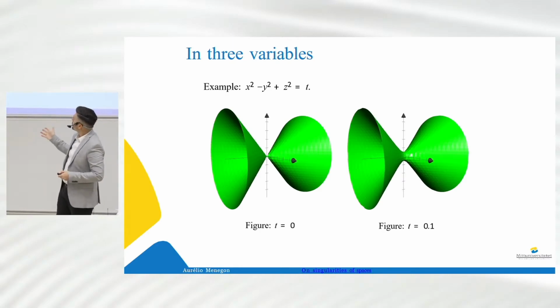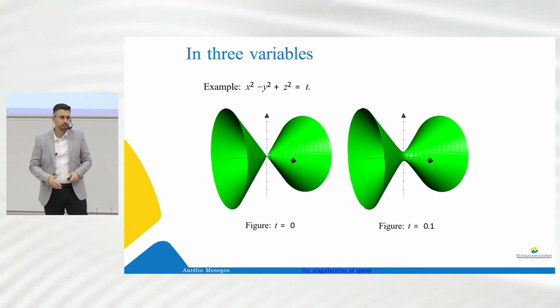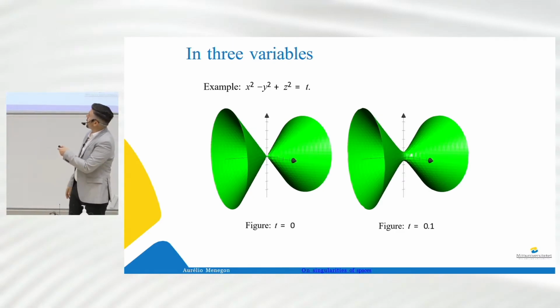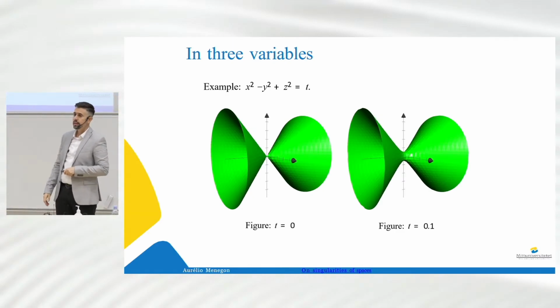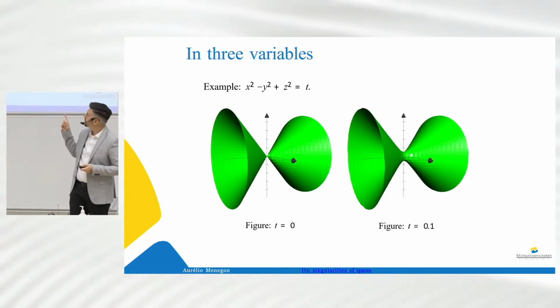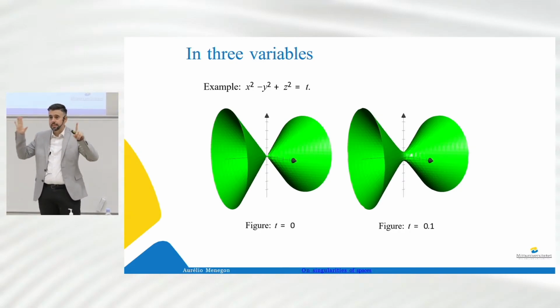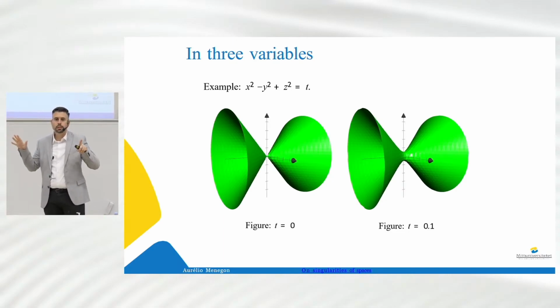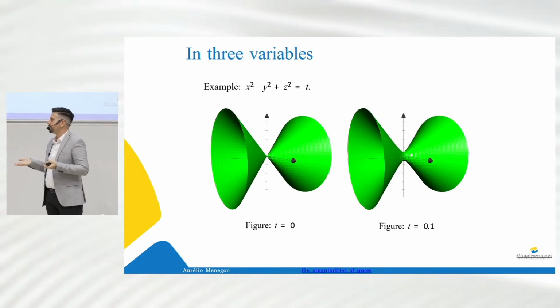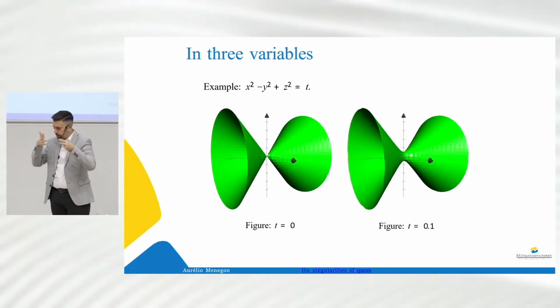So, so far I don't need a very well-developed theory because I can do the picture and we can see. But what if these three variables, x, y, and z, are complex numbers, for instance? Then this is something in 6 real variables. So the solution set lies in 6-dimensional space. So we cannot visualize this anymore.